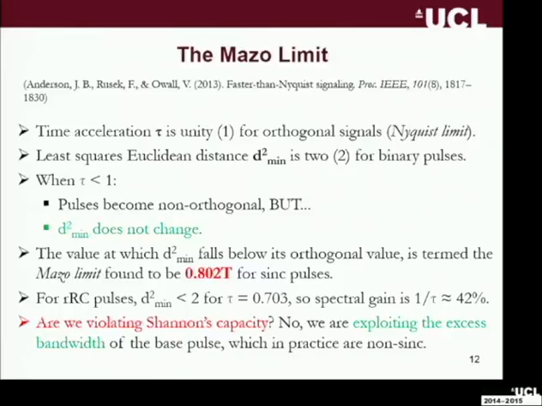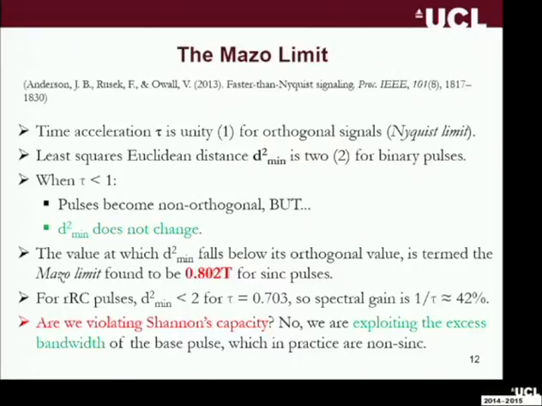And they found that they could actually squeeze it for a 30% roll-off. They could go down to about 0.703, which translates basically to an increase of about 40%. So if you have, for example, 4-QAM, that's 2 bits per symbol. If you have an extra 40%, then it's almost 3 bits per symbol. Okay? Yeah, 3 bits per symbol.